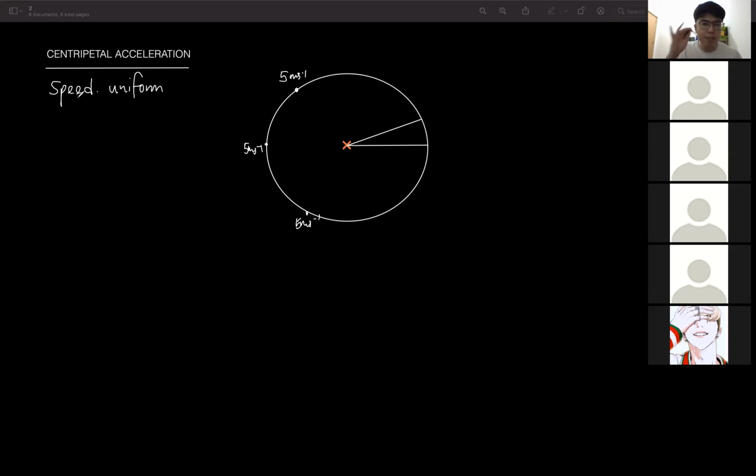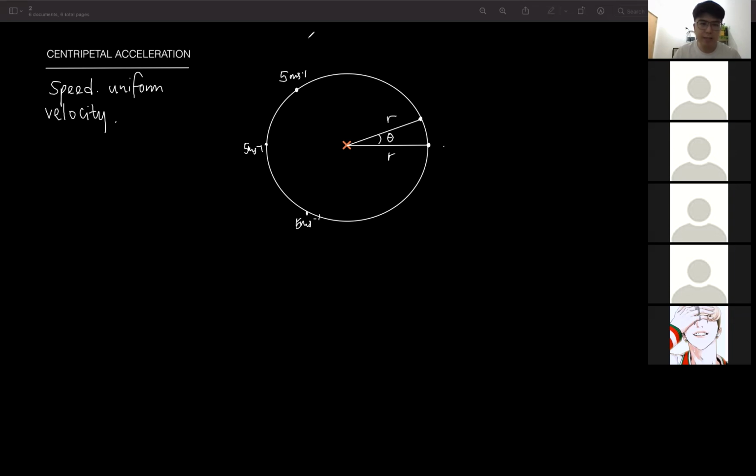Can the velocity be the same? Velocity has direction and magnitude. Now, when you draw the direction of linear velocity, suppose that the particle moves from this point to this point, r, and then this is the angular displacement.